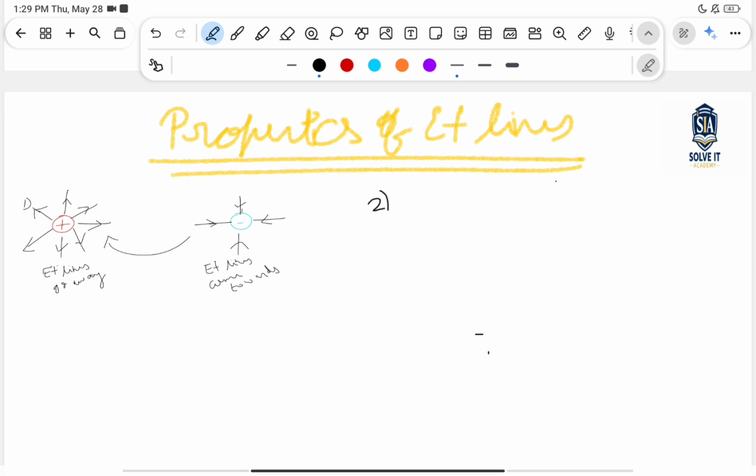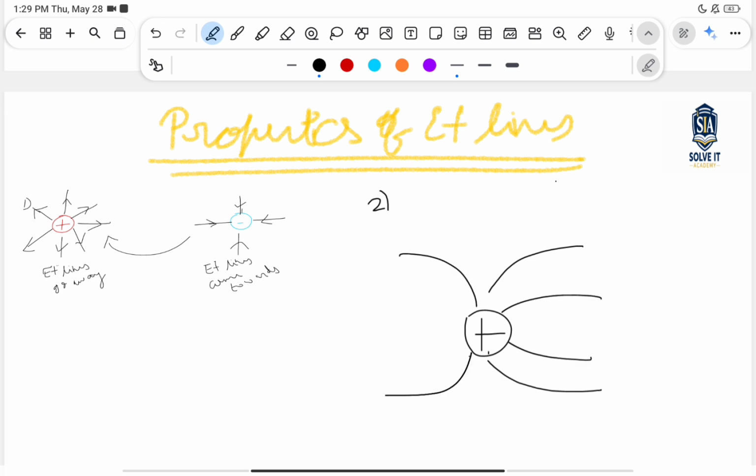This is the actual representation, if this is the positive charge.